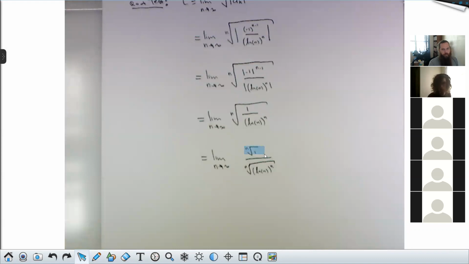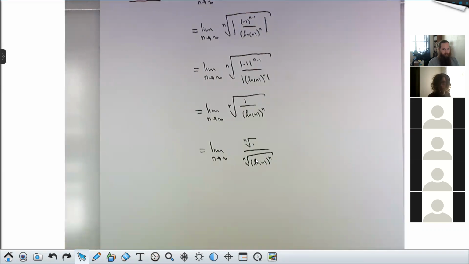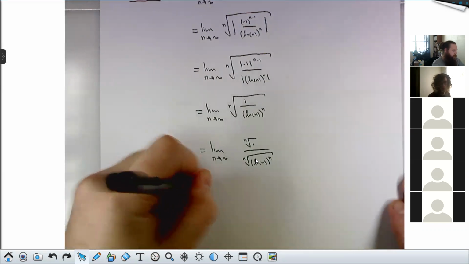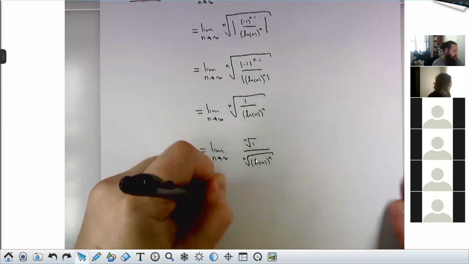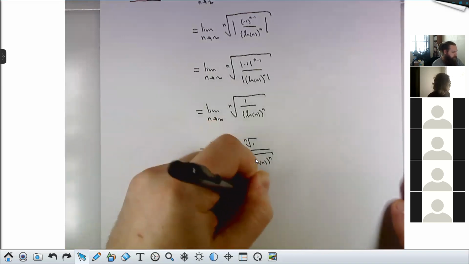The nth root of 1 is always 1. Downstairs here, this nth root and this nth power eat each other up. So we end up with the limit as n goes to infinity of 1 over the natural log of n.